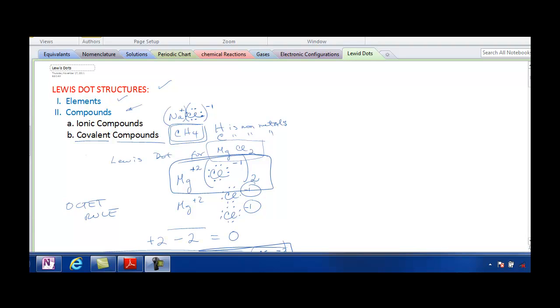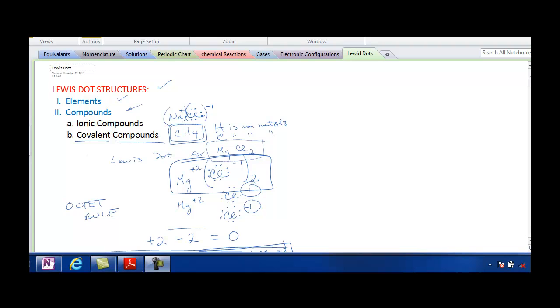In this lecture, we're going to review Module 11, Lewis dot structures, and we are going to add to that concept. We are going to look at some compounds that are exceptions of the octet rule. Pretty much everything we've done has obeyed the octet rule.